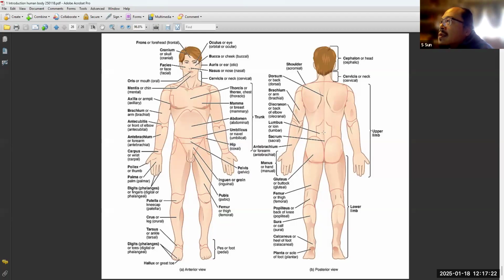Lumbus, we basically use this to refer to the thoracic vertebra, lumbar vertebra, sacrum, the lower portion of your vertebra. And this is your upper limbs, lower limbs, and here is again head, the neck, or cephalon, or head, cervicals, or neck. And this is what we call gluteus.